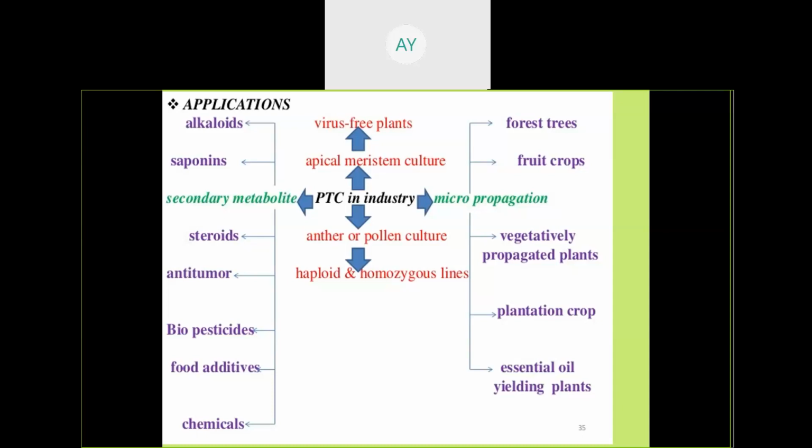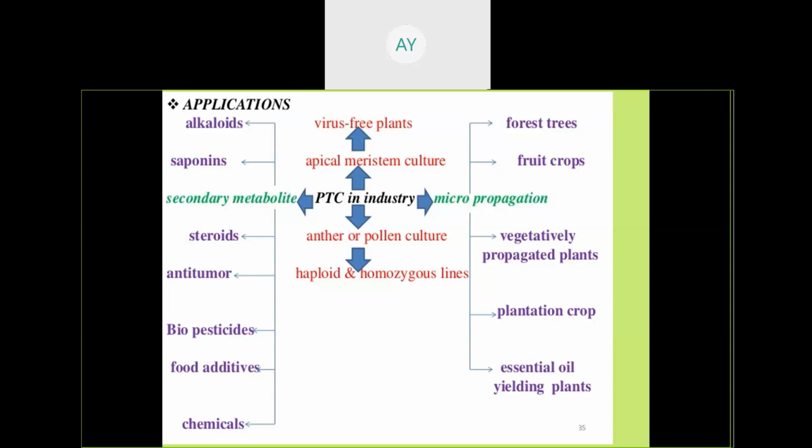Second point, there is a high concentration of synthesis of endogenous oxygen, and the high concentration of oxygen prevents the growth of virus.